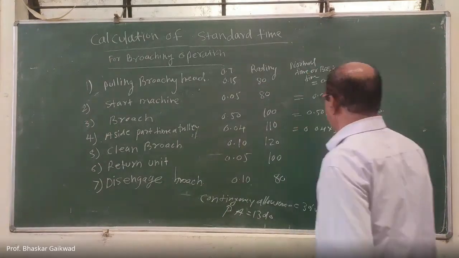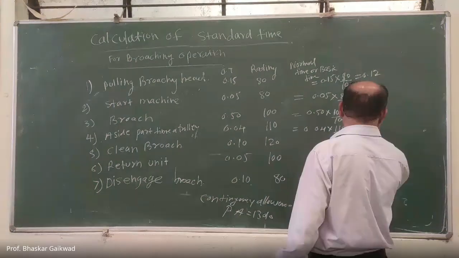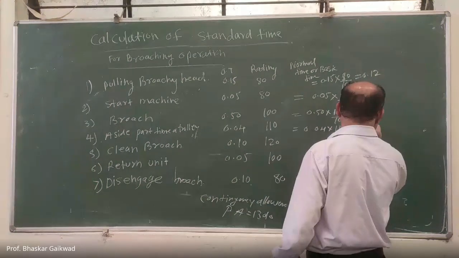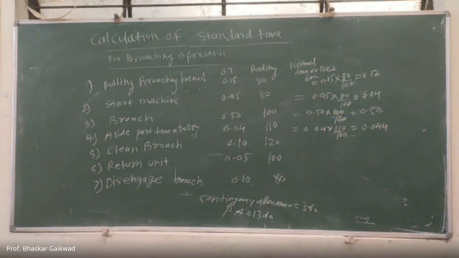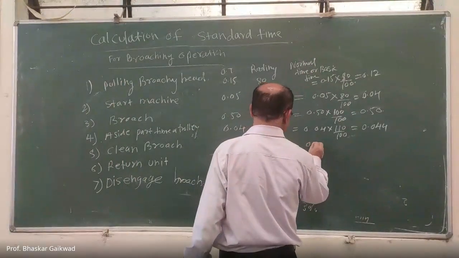So here, fourth reading, how much? 0.044. And next, fifth element, 0.10.